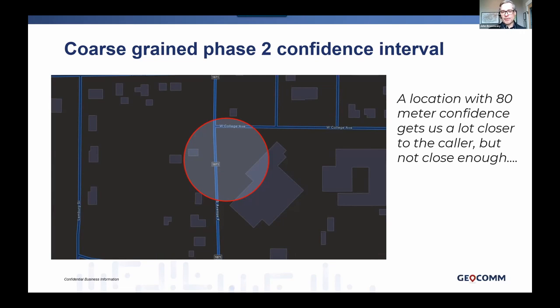So we know that maybe within a 95% confidence, the 911 caller is somewhere inside that circle on the screen there with an 80-meter radius. So pretty good, way better than just a cell tower location or even a cell sector location. But as you can see, in this case, we're really not sure what side of the street the caller's on, even which street they're on.